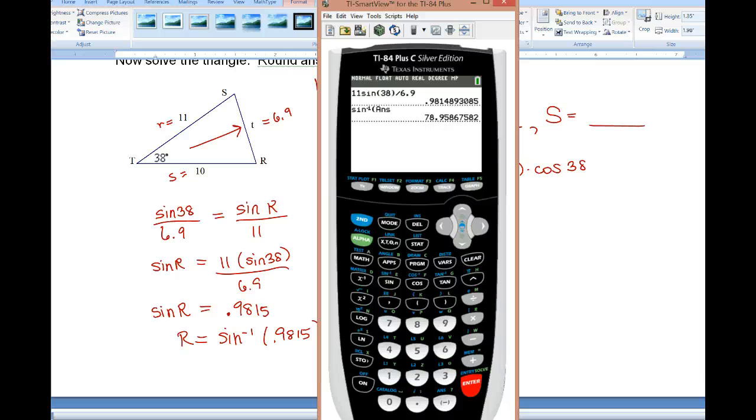That answer is kind of stored here, but as soon as I do another calculation, that becomes my new answer, if you will. So what I could do is 180 minus 38 minus that answer, which would plug in the 79 degrees approximately, and we get about 63 degrees.